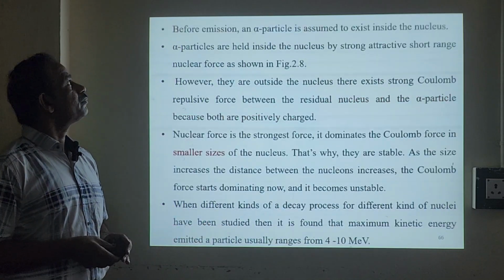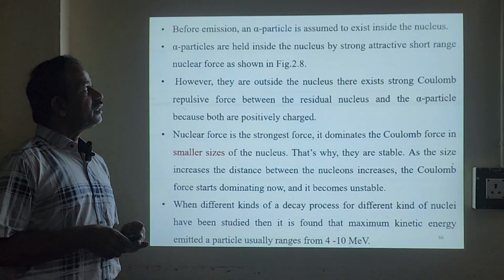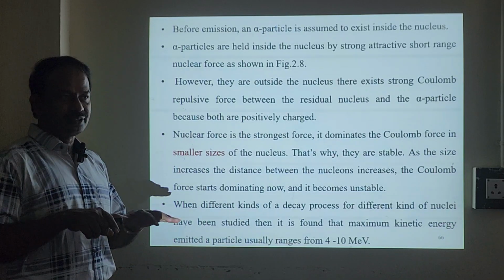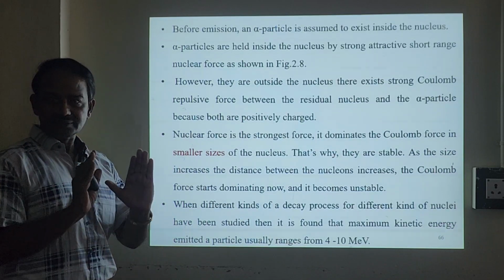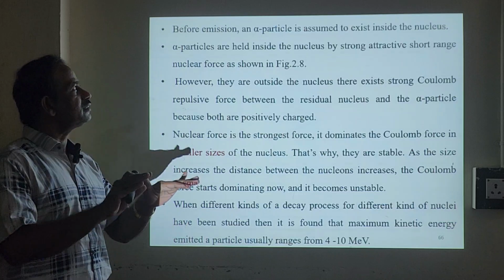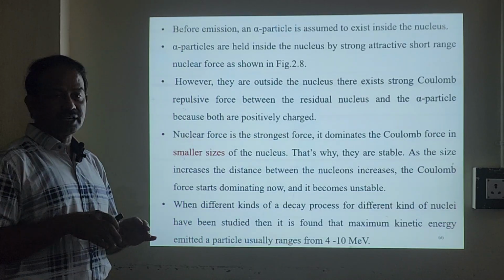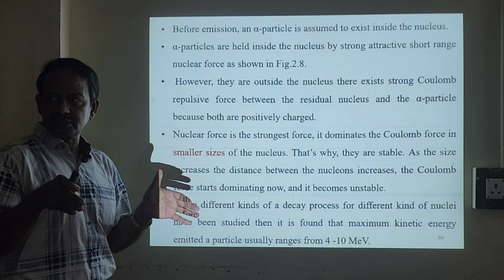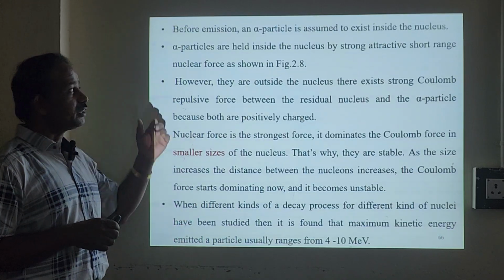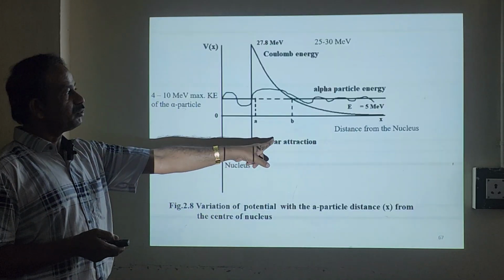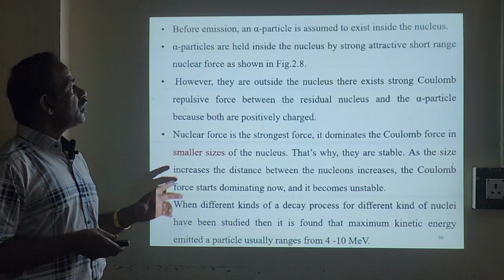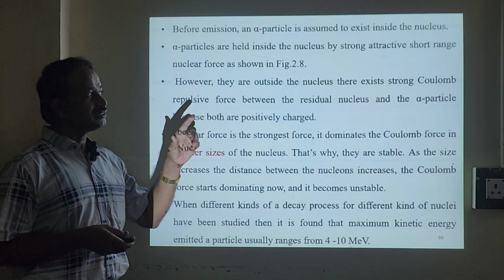So they are unstable. Before emission, an alpha particle is assumed to exist inside the nucleus. We already know that before emission, we consider the nucleons to be inside the nucleus. Alpha particles are held inside the nucleus by strong, attractive, short-range nuclear forces. We will see this in detail in the figure. However, outside the nucleus there exists a strong Coulomb force.